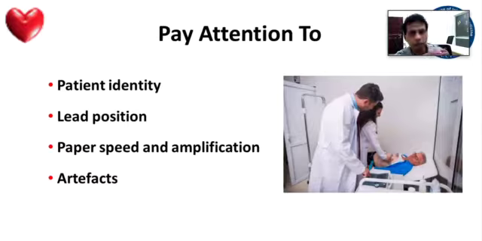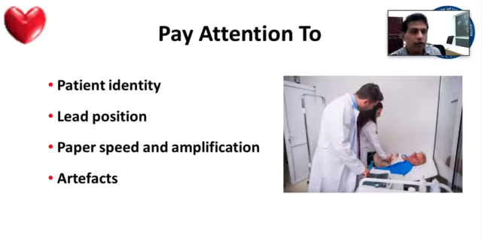You know that a proper, standard ECG should have 25 millimeters per second paper speed and 1 millimeter per millivolt paper amplification, the electric amplification.